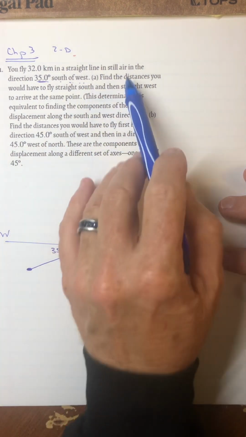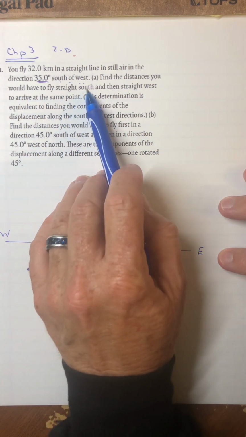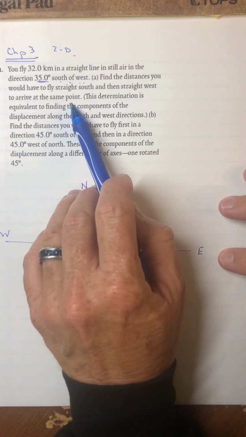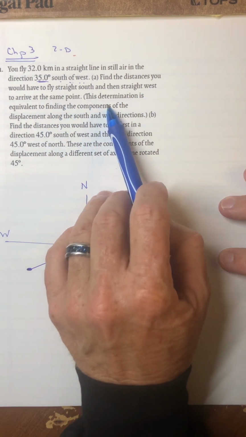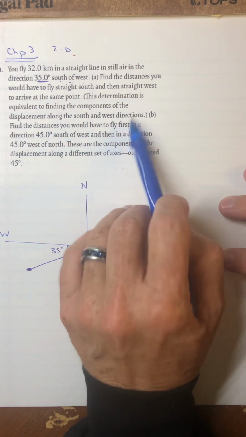Okay, find the distance you would have to fly straight south and then straight west to arrive at this same point. This determination is equivalent to finding the component displacements along the south and western direction.